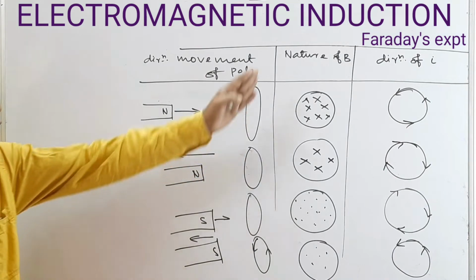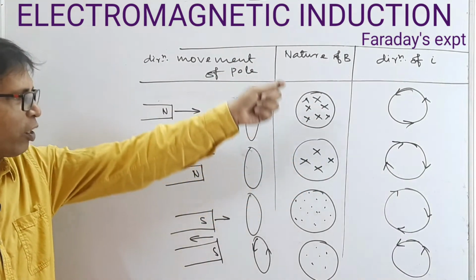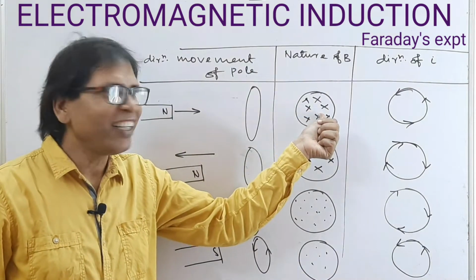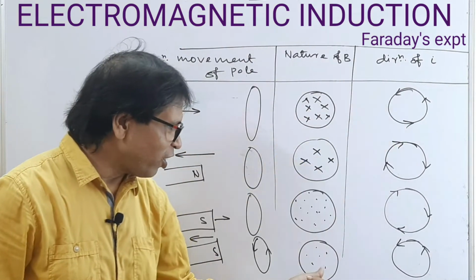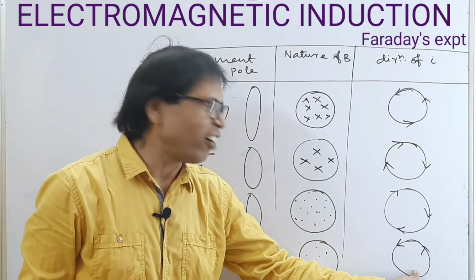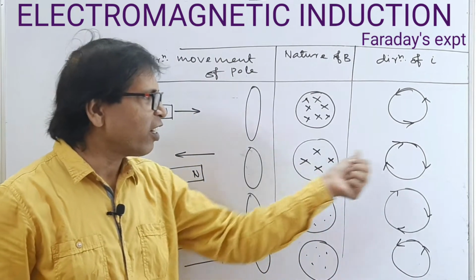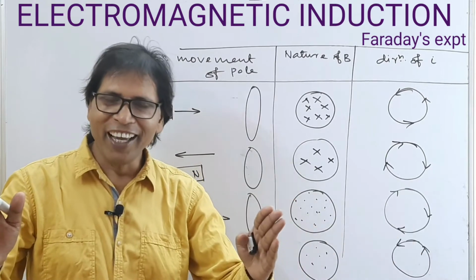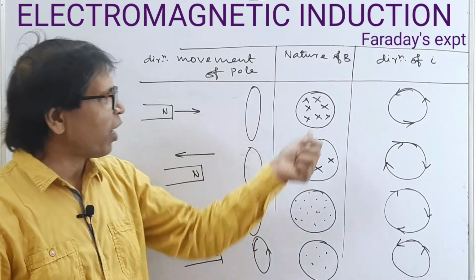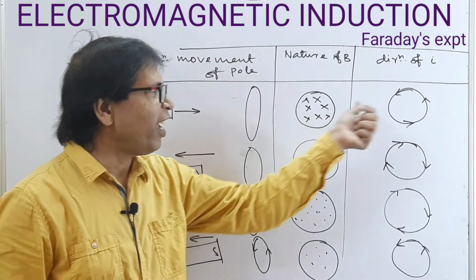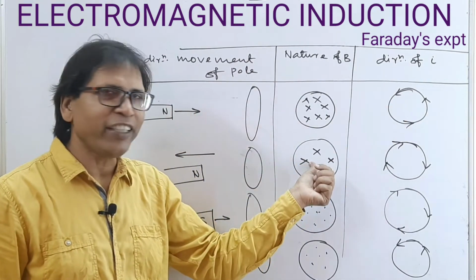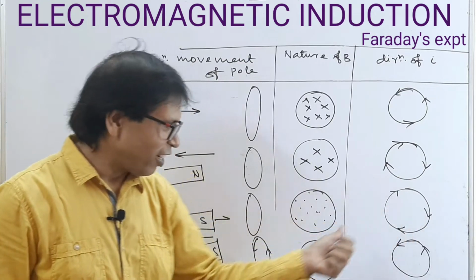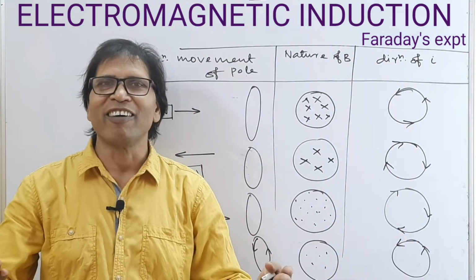So in context of magnetic field: cross increases, anti-clockwise; dot decreases, anti-clockwise; cross decreases, clockwise; dot increases, clockwise.